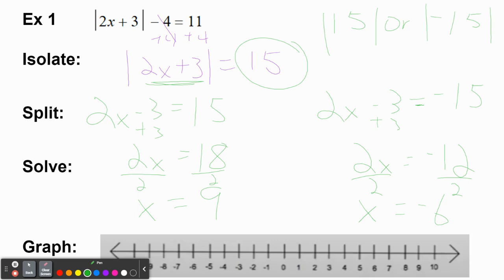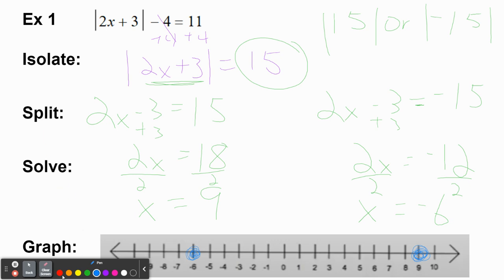Divide by 2. So x can equal 6 or negative 9 in this equation. If I were to graph that, I would have a dot here on negative 9 and a dot here on 6. Scary in math to have two possible answers, but in this case, both would work with the absolute value.